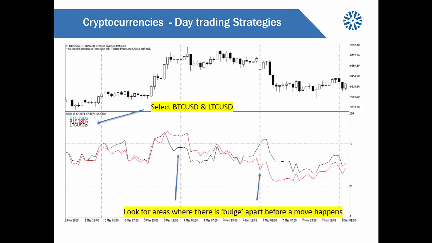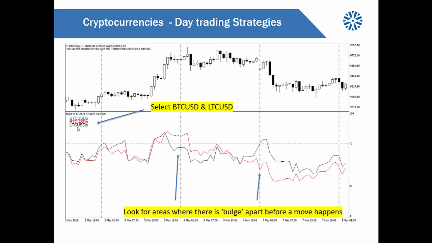Here we have the 1 hour chart, and we've put on the Crypto Compare indicator. Whilst we're on the Bitcoin against US dollar chart, we've also selected Litecoin against the US dollar.